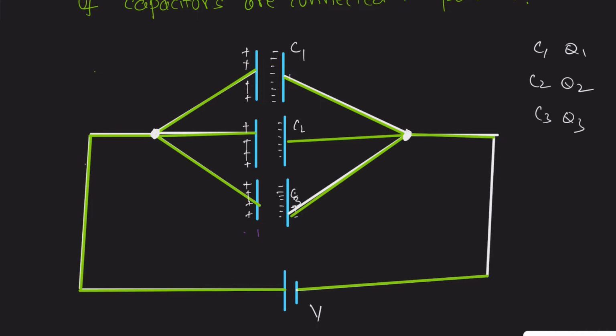So how many houses are there? 3 houses there. Now the battery is maintaining 3 families.